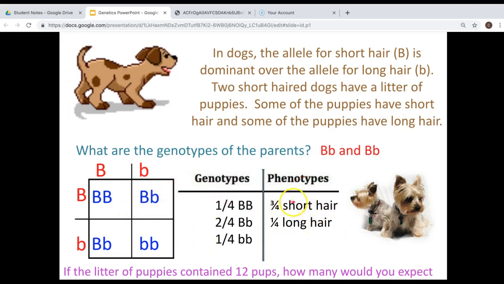So 3 times 3 is 9 twelfths, and 3 times 1 is 3 twelfths. So we would expect 3 puppies to have long hair and 9 puppies to have short hair. So there you go, 3 pups with long hair.